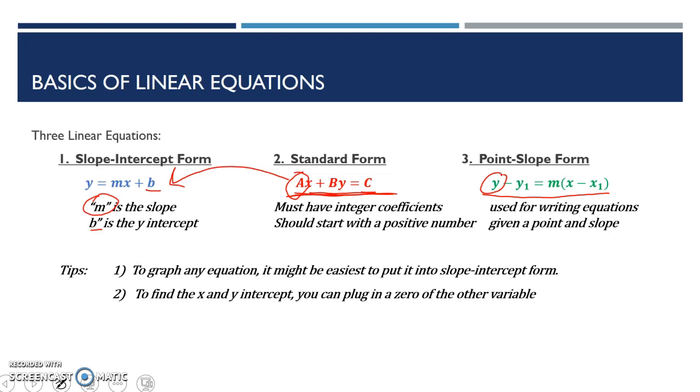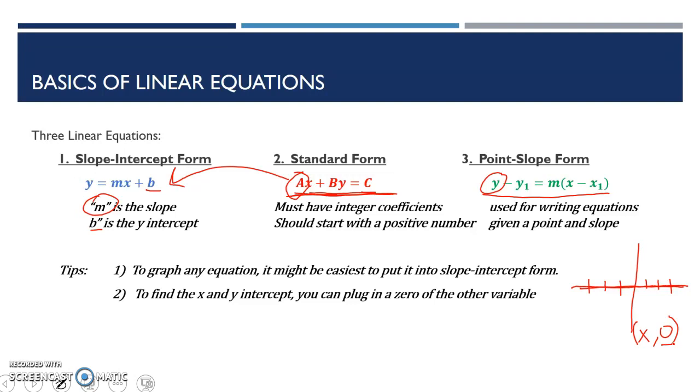Sometimes it'll ask you to find the x and the y-intercept. Well, to find the x-intercept on a graph, we know that here's the x-axis, but here's like the point 1, 0, 2, 0, 3, 0, -1, 0, -2, 0, -3, 0, but it's always going to be the x value followed by a 0. So to find the x-intercept, plug in a 0 for y.